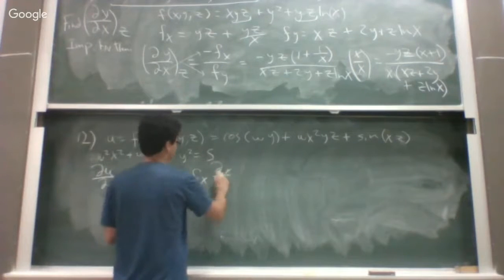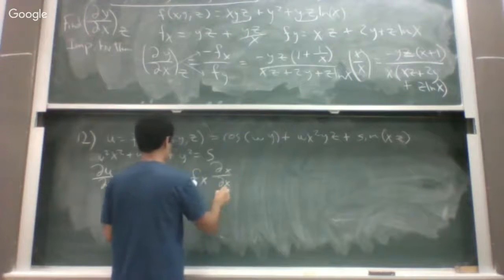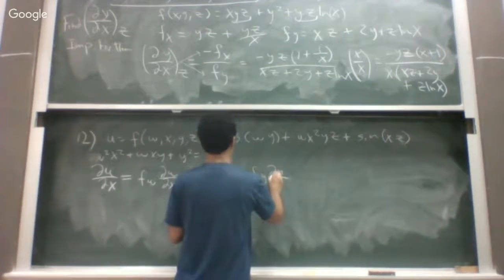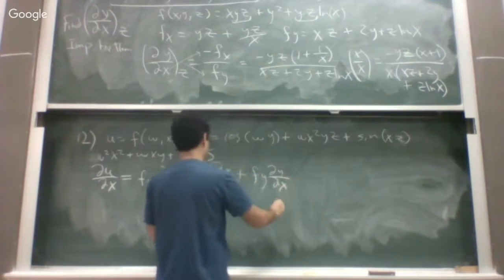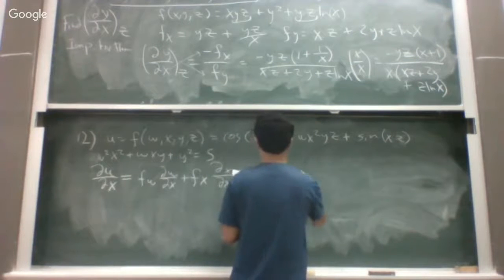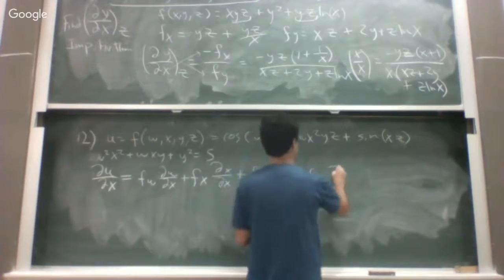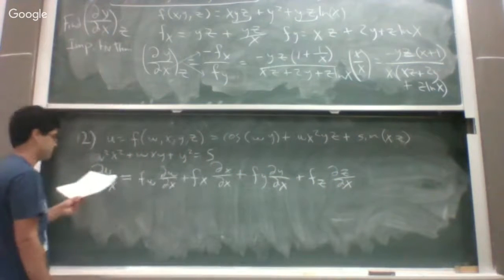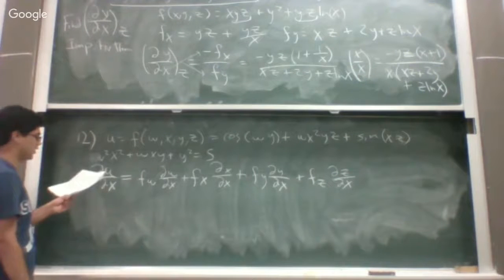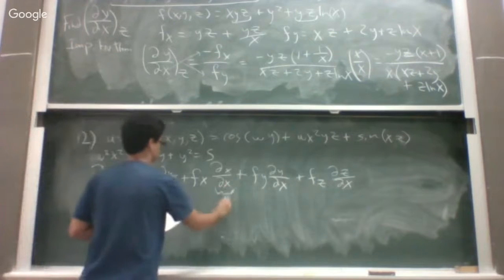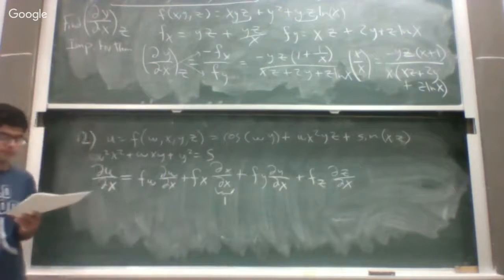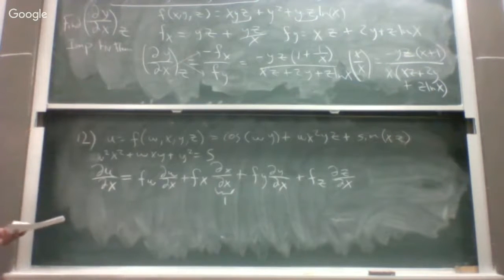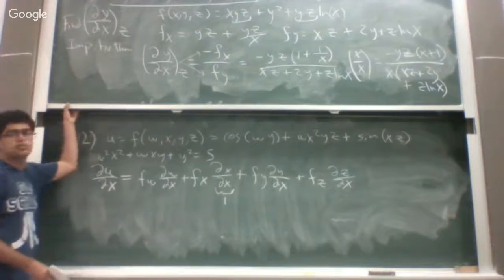Now dx over dx, that's just 1, plus f of y, partial y, partial x, plus, and also with z. You can leave your answer like that, or you can make this a 1. Okay. You guys good?